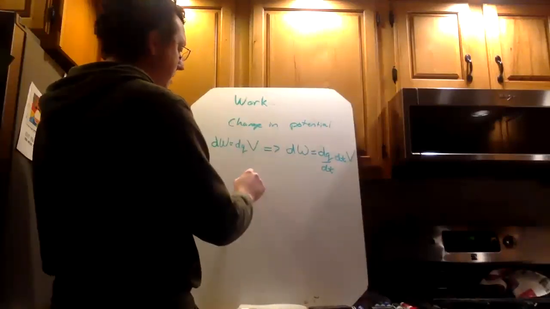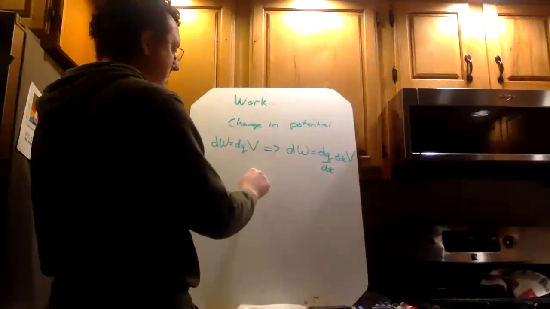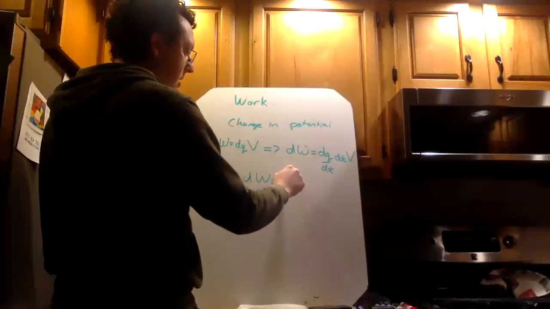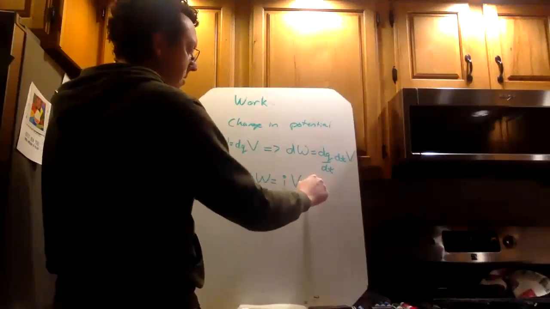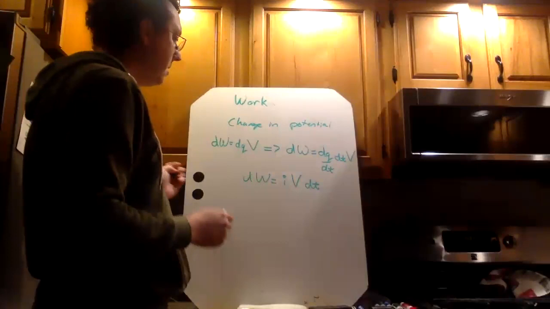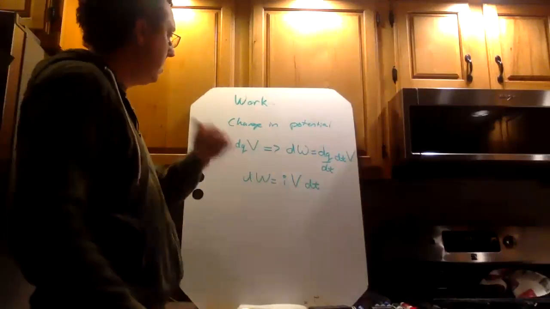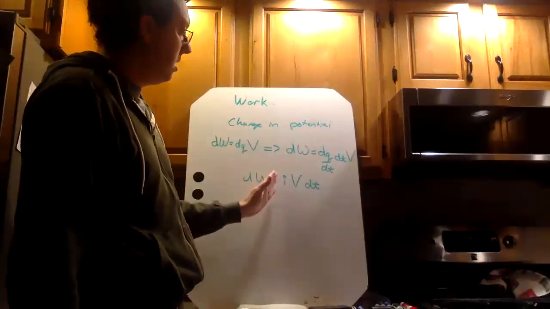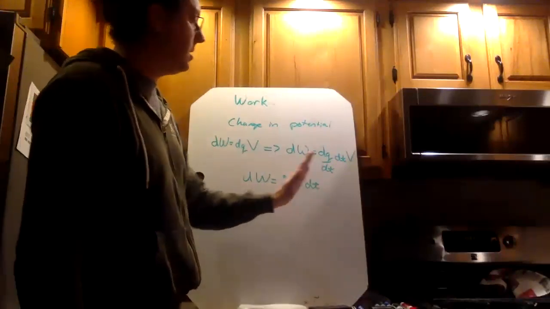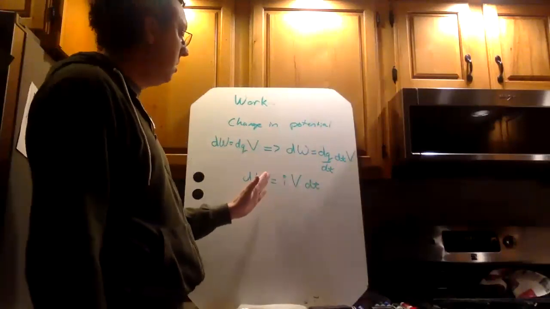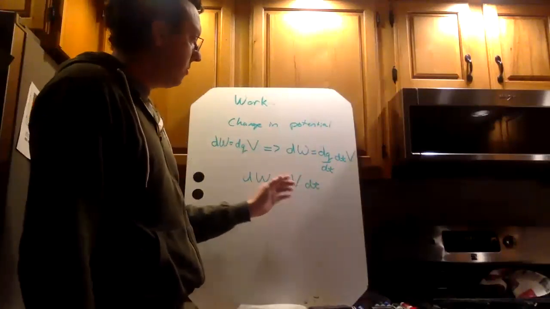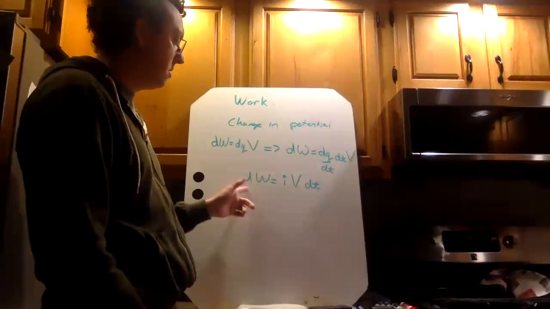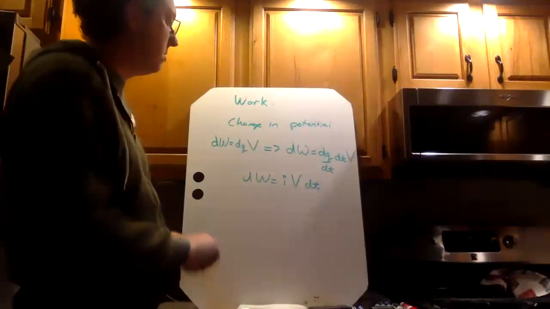Pulling that together, dW equals I times V times dt. So what this says is that we started off thinking about individual bits of charge, but really you could think of it as a current flowing over a teeny tiny bit of time. To make a current flow through a potential difference for a little bit of time takes work. It doesn't want to happen on its own.